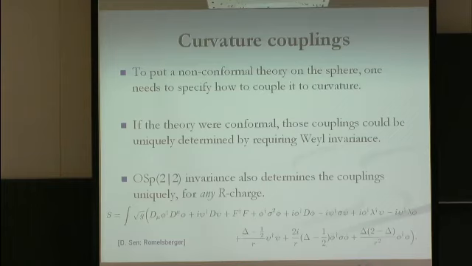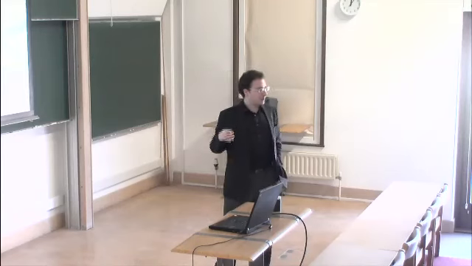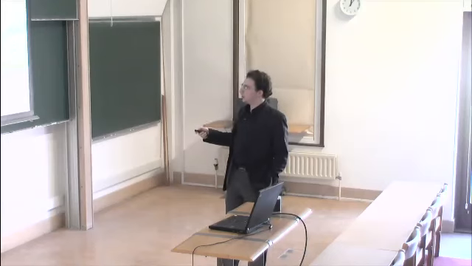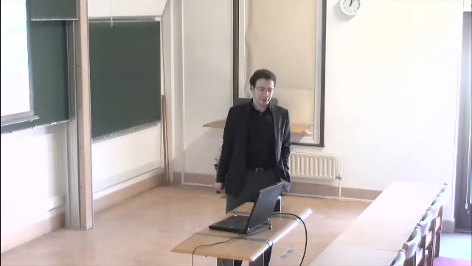So that's your choice, and once you make it, for the free chiral multiplet, you get some expression like this. This term, say, is what, if I set delta equal to a half, which is the canonical value for a free field, the conformal coupling for a free field, would reproduce the conformal mass of the free boson on the sphere.